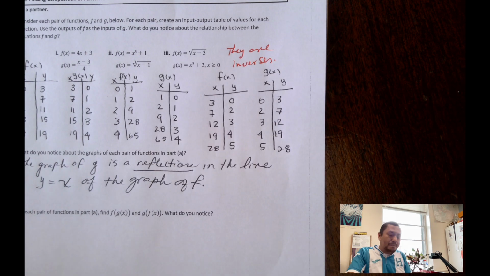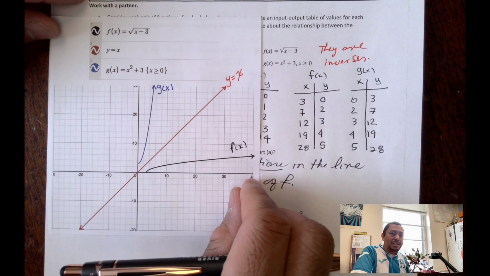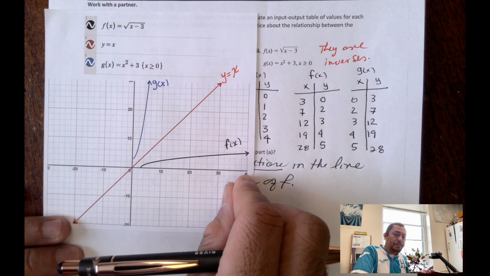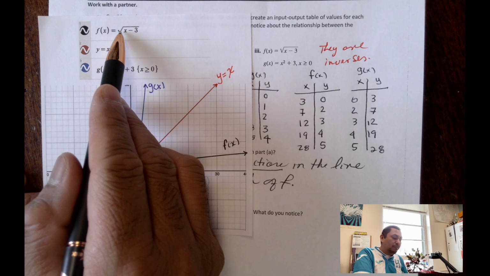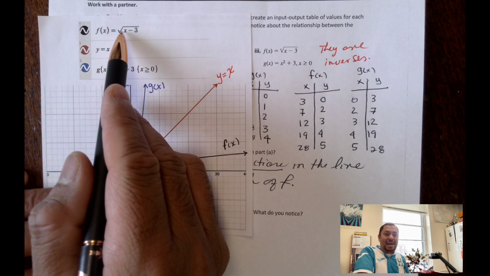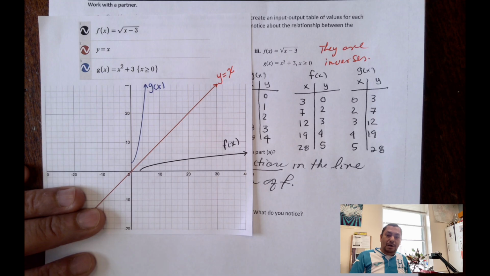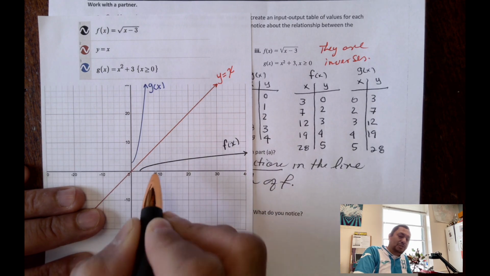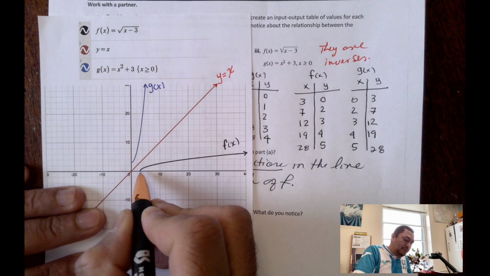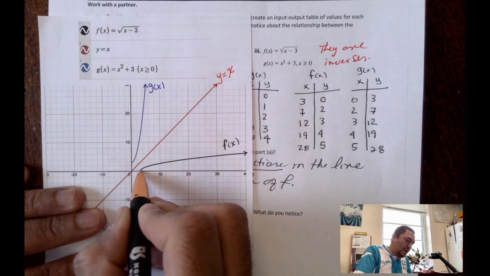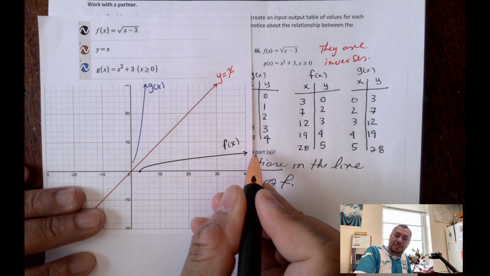The final one is the one that we need to be careful with. Remember that in this case, the quadratic function, I'm going to get a quadratic function, but my original function f of x is the square root of x minus 3. We cannot use negative numbers. That is why I'm restricting my g of x, because my original function f of x starts from, in this case, positive 3 and goes to positive infinity.